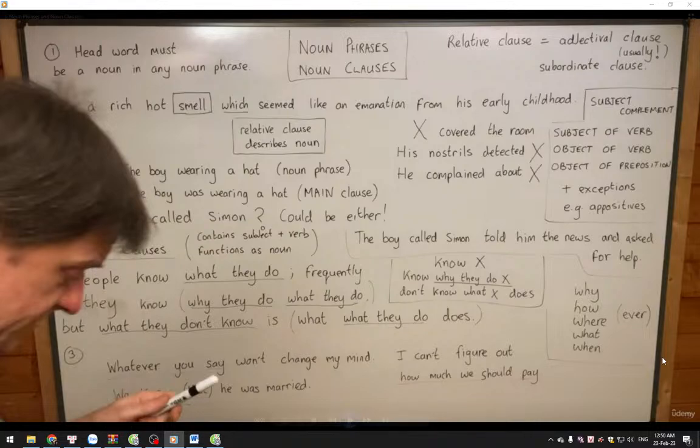We looked at appositives in the last class, and so you should be familiar already with a noun phrase.